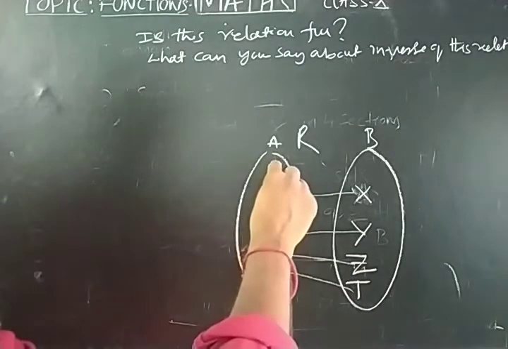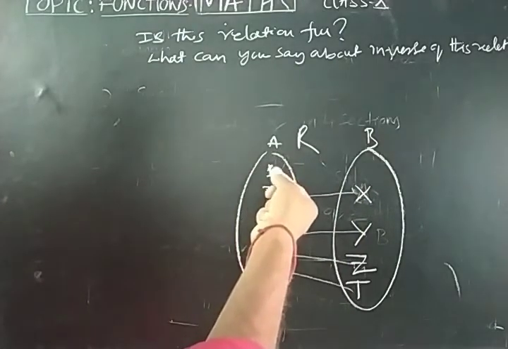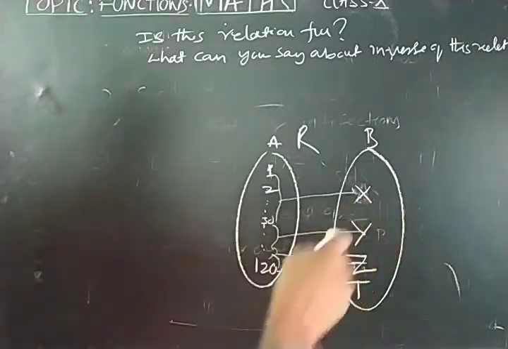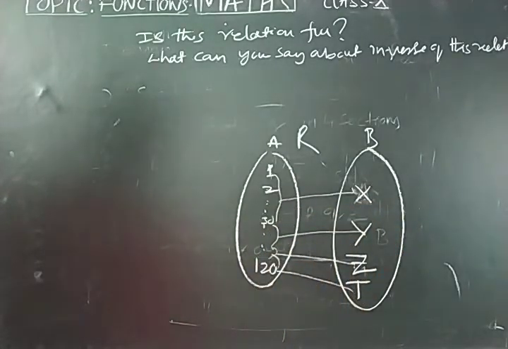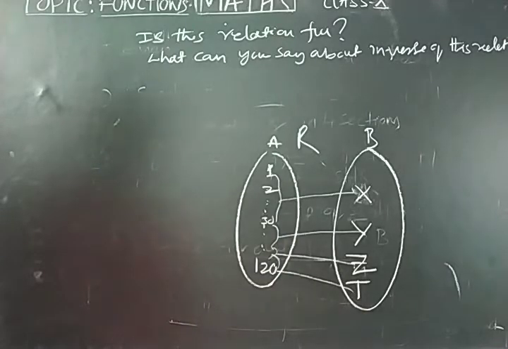That means no student has 2 images, so each has a unique image. So it is clearly a function. The relation satisfies the function definition: every student in the domain is related with exactly one section. So it is a function.